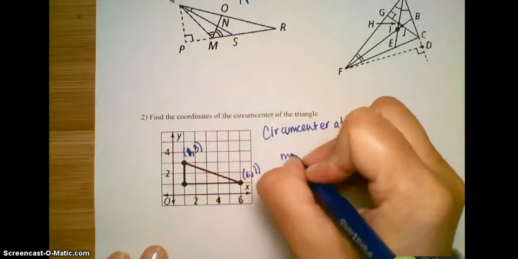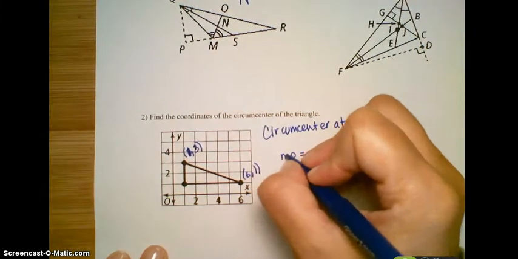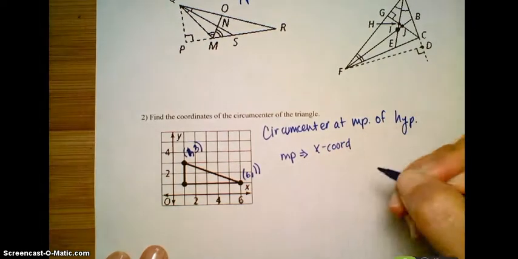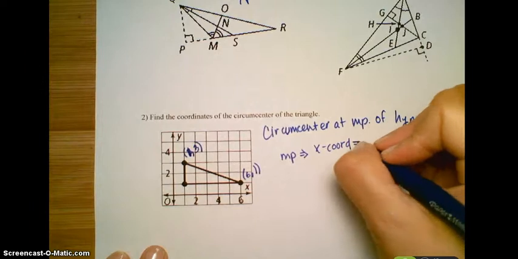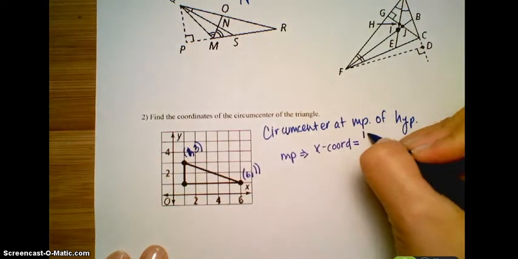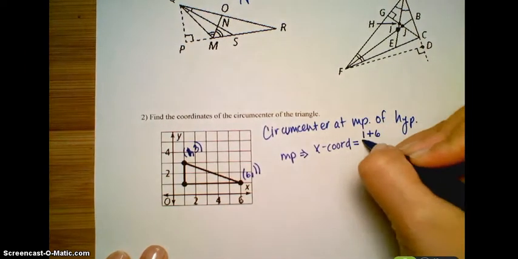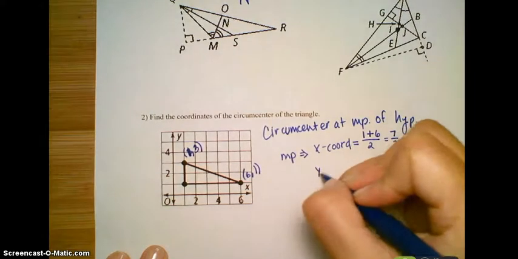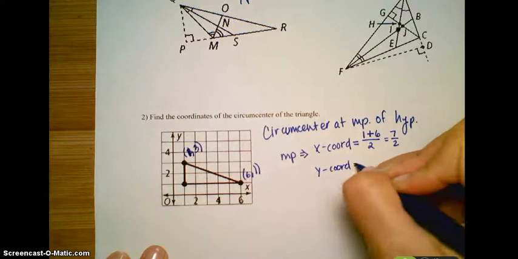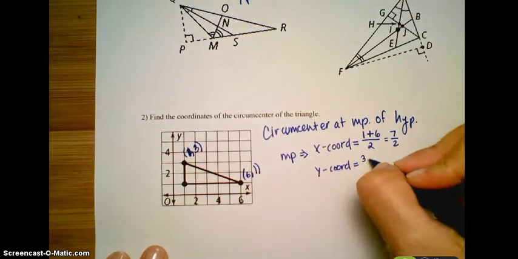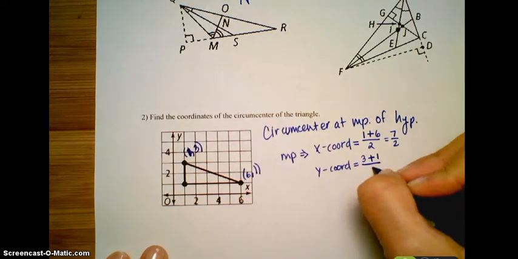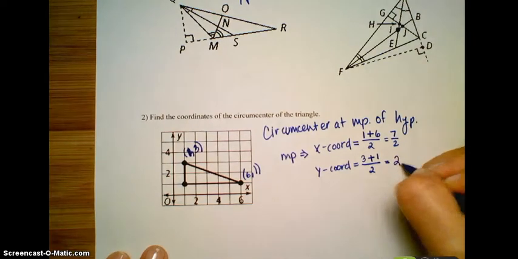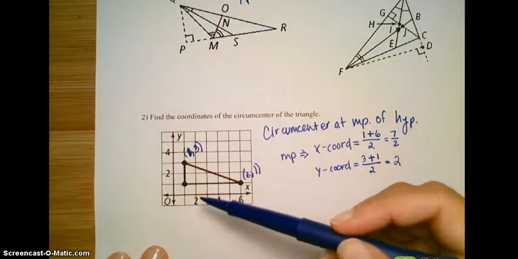To calculate a midpoint, to get the x coordinate, you average your x's, so x1 plus x2 divided by 2, which is 7/2. To get the y coordinate, you average your y's, which would be 3 plus 1 divided by 2, and that leads to 2.